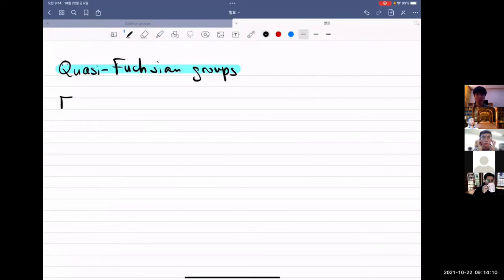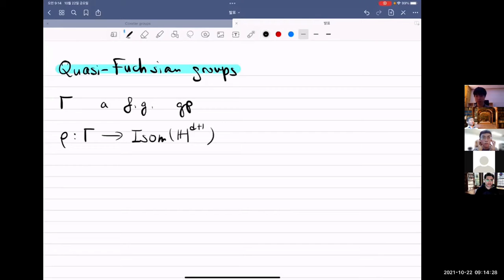Gamma here is a finitely generated group, and a representation rho from gamma into the isometry group of H^{d+1}, where H^{d+1} is the d+1 dimensional hyperbolic space, is called convex co-compact.